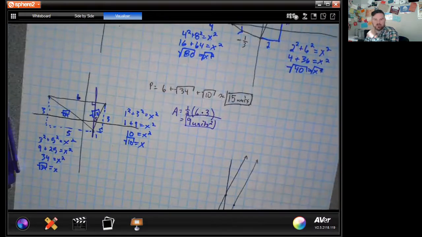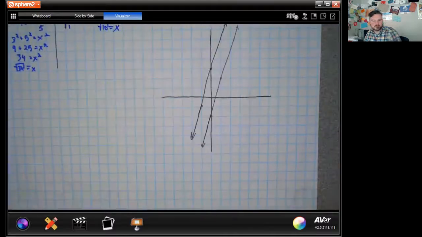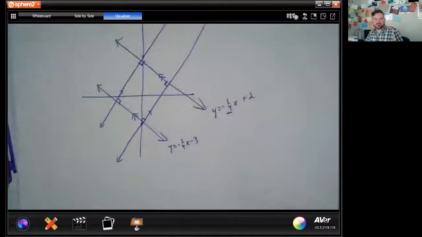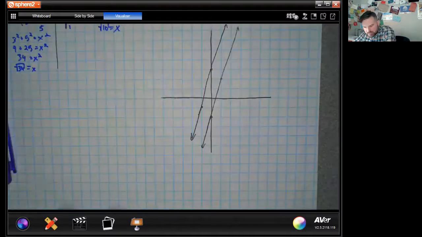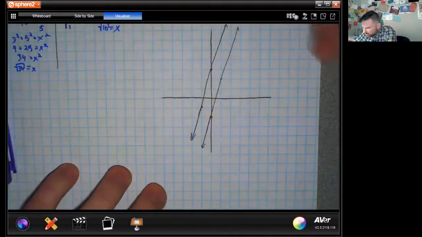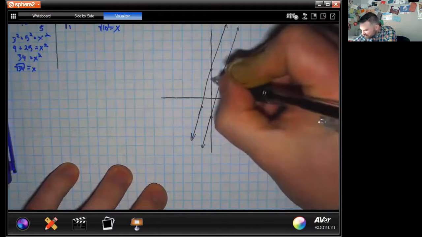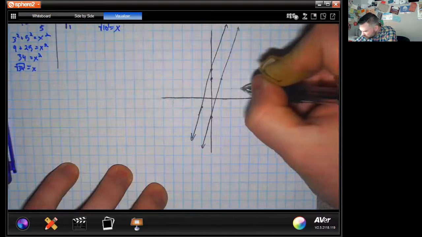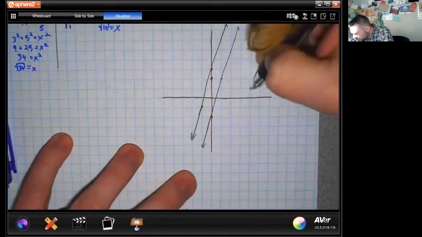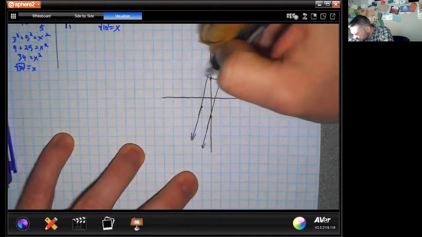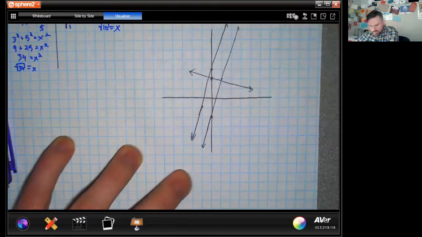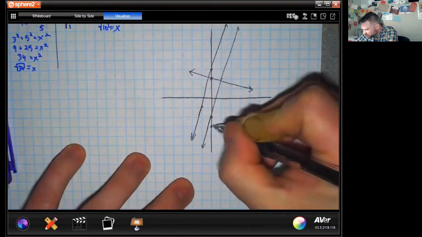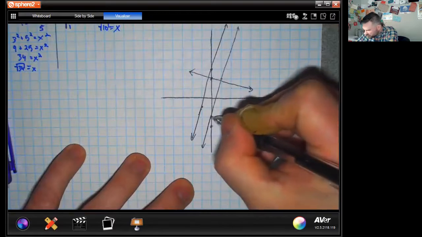So there's those two. Again, this wasn't drawn to scale, just checking the slopes. And then the other two were at +2, with a slope of -1 over 4, so down 1, right 4. So there's that line. And -3 with the same slope. So that could be up 1, left 4.